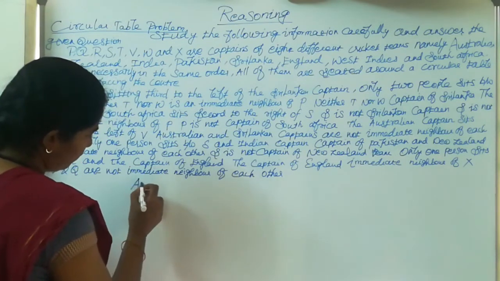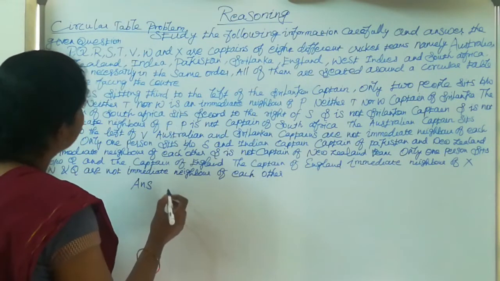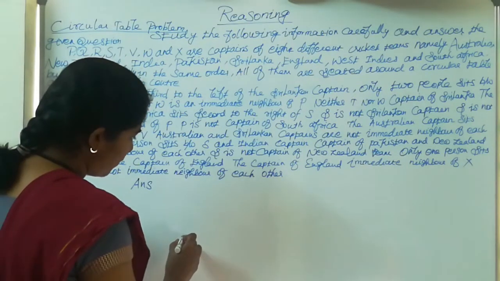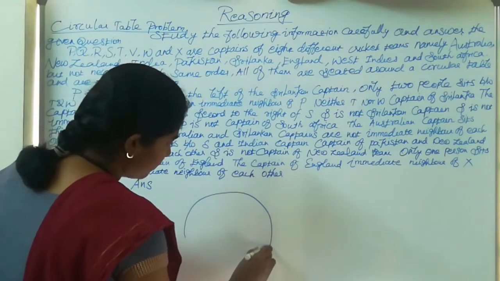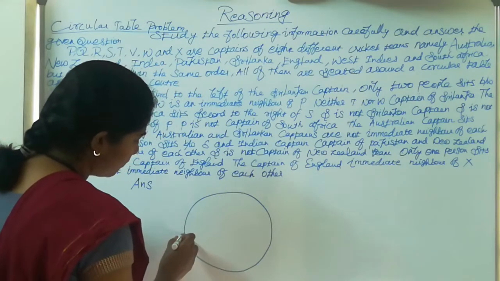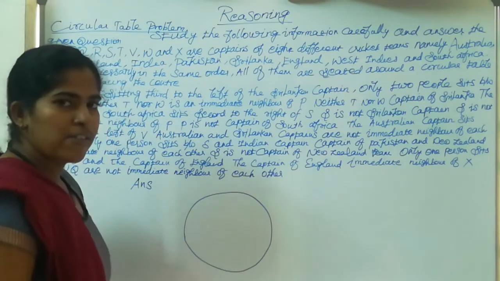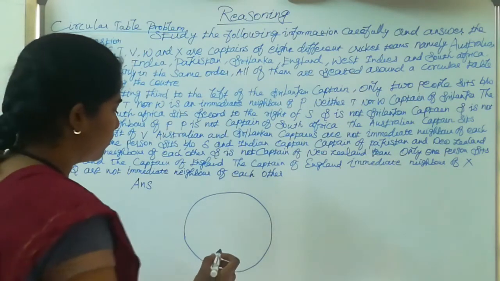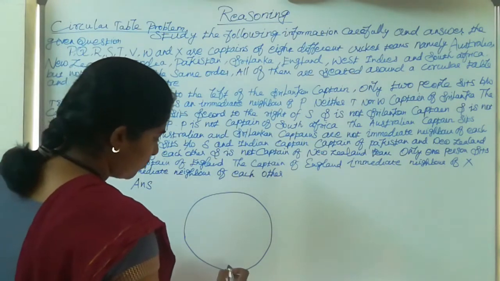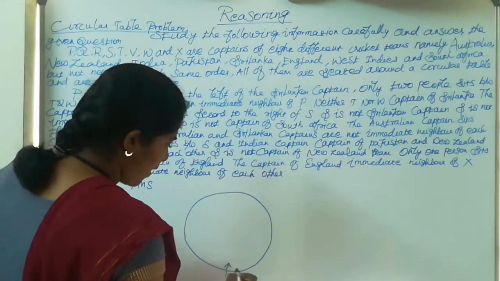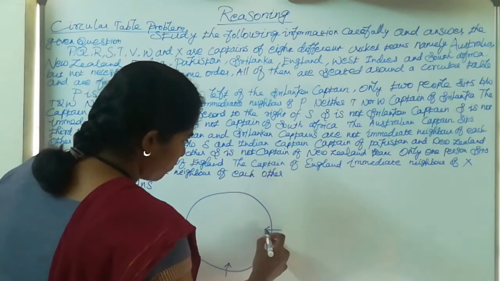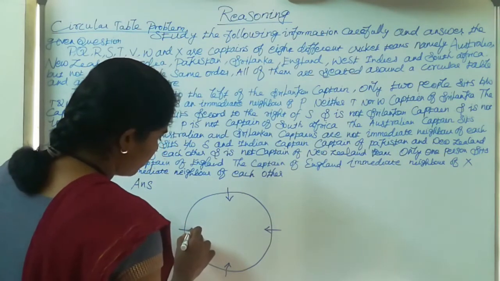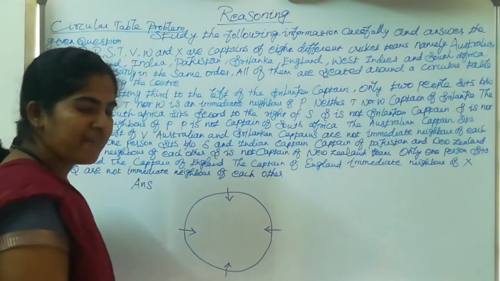For a circular table problem, draw a circular symbol with 8 members. Mark the 8 positions, 4 and the remaining 4.